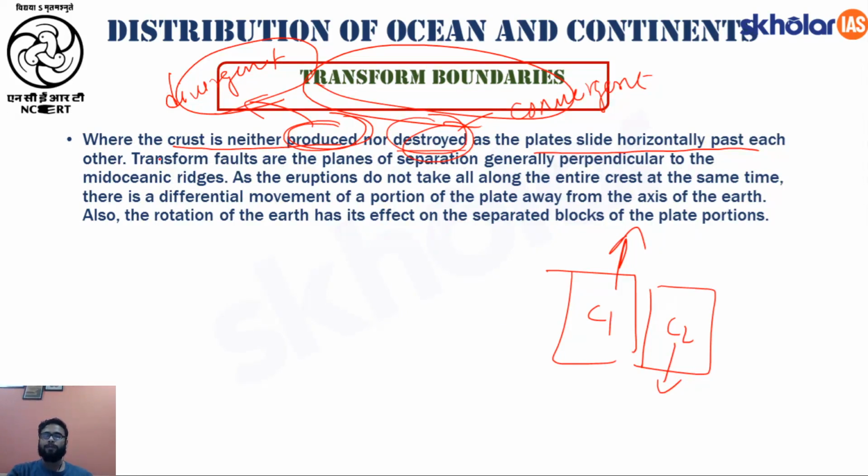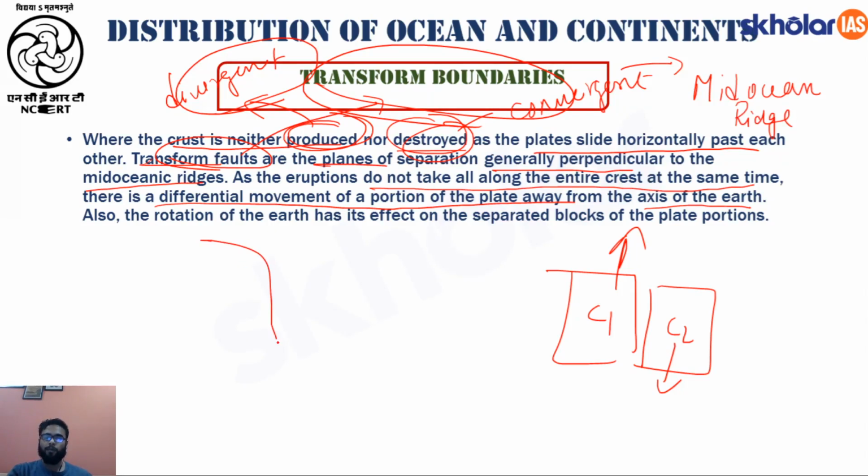Fine. The transform faults are planes of separation generally perpendicular to the mid-oceanic ridges. As the eruption does not take place all along the entire crust at the same time, there is a differential movement of the portion of the plate away from the axis of the earth. Now, transform faults or transform boundaries are majorly found along the mid-oceanic ridges. For example, if this is the ocean floor, here is continent 1, here we have continent 2, here we have the ocean.